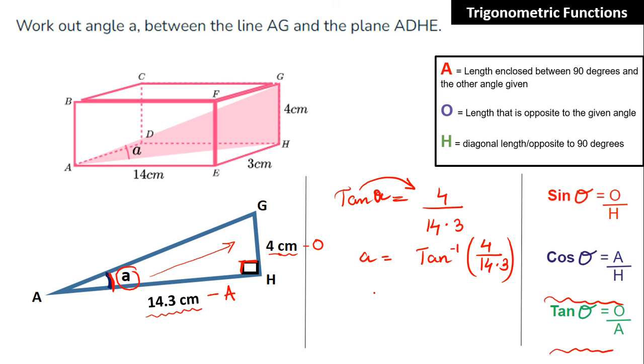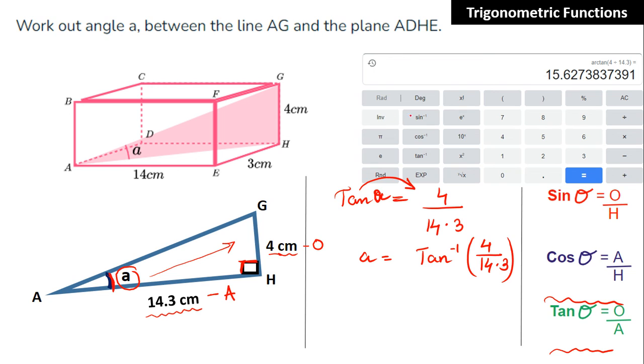So when I type that down on my scientific calculator, make sure that your calculator is set on degrees, then you click inverse, then out of sine minus 1, cos minus 1, and tan minus 1, I'm going to select tan minus 1. So when I write that down, it's going to be something like this, arctan. So arctan of 4 divided by 14.3 gives me 15.6, which means that my angle is equal to 15.6 degrees.